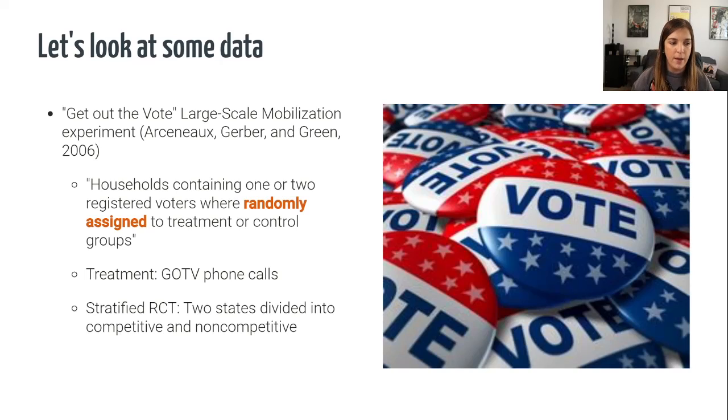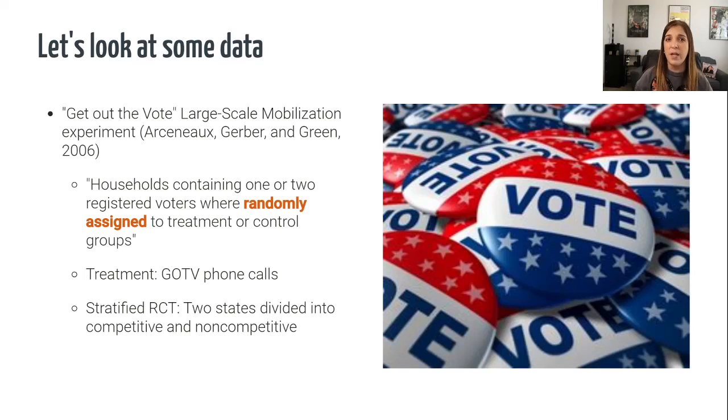Okay. This was actually a stratified RCT. So they had 2 states, Iowa and Michigan, and they have different districts in there. Some districts were deemed competitive, some districts were deemed not competitive. Okay, so you might think that might drive different results.